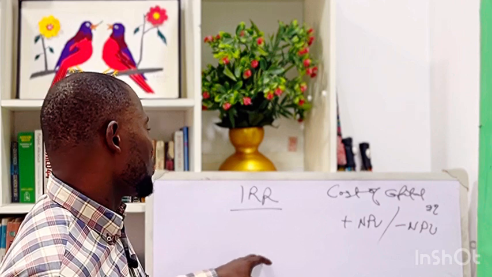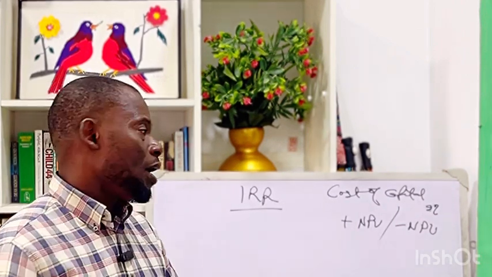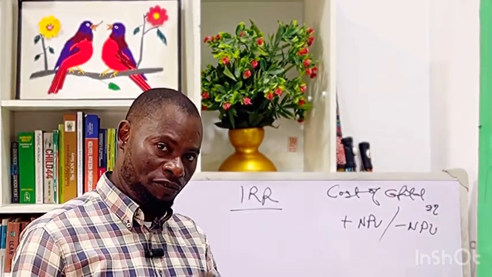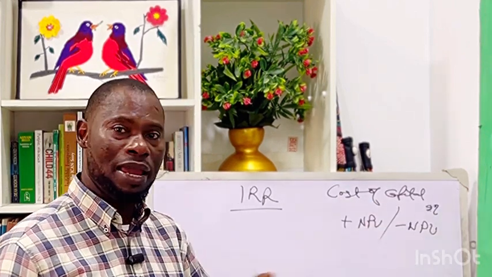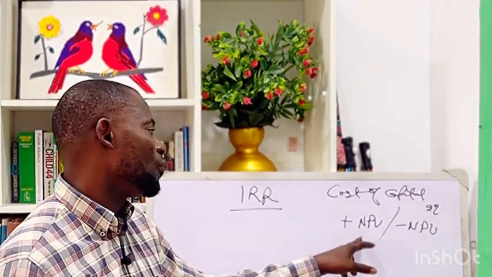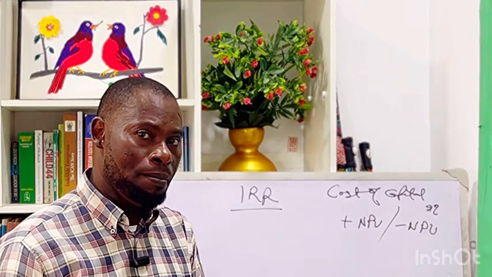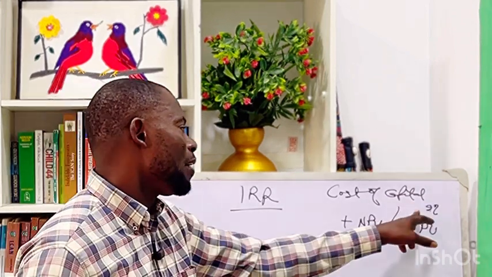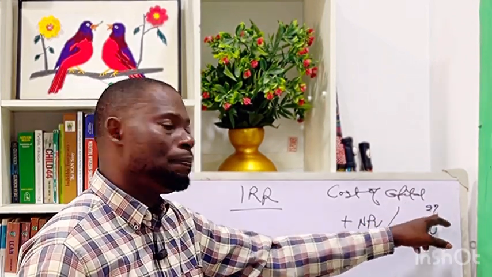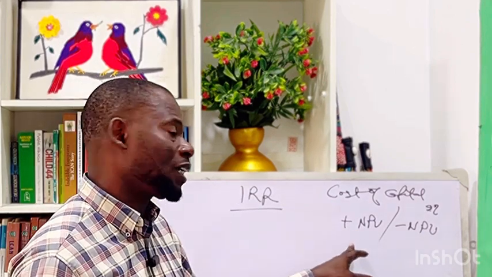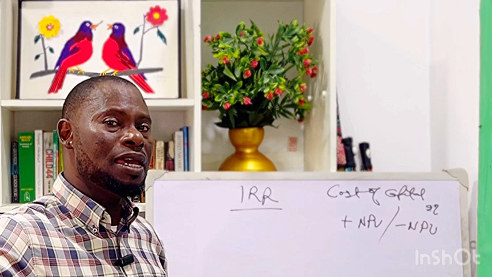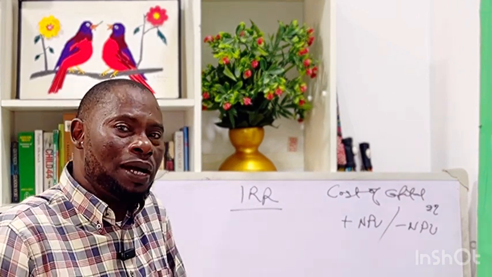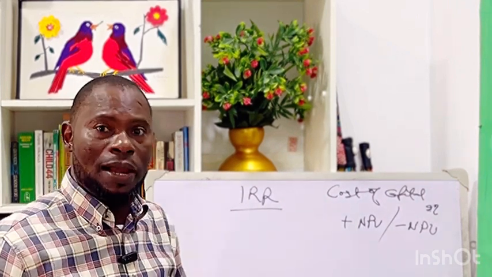Good. Now, the IRR follows that process. For step 1, you calculate the NPV, which usually will give you a positive NPV. If you have the cost of capital at 9%, for instance, and the first calculation gives you a positive NPV, for you to get a negative, you would do it by trial and error.